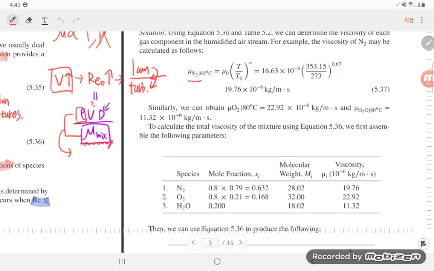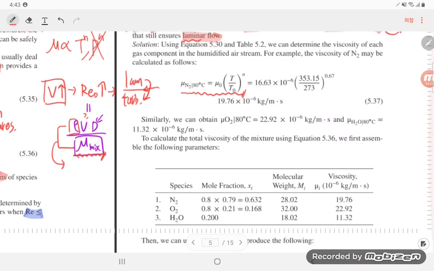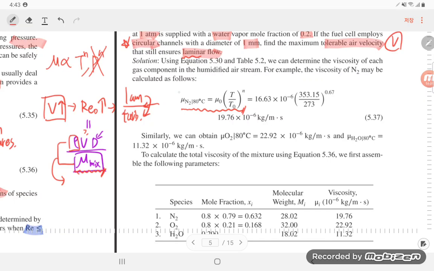So we will use the first equation to obtain the viscosity. Firstly, we will get the viscosity of nitrogen gas at 80 degrees Celsius.